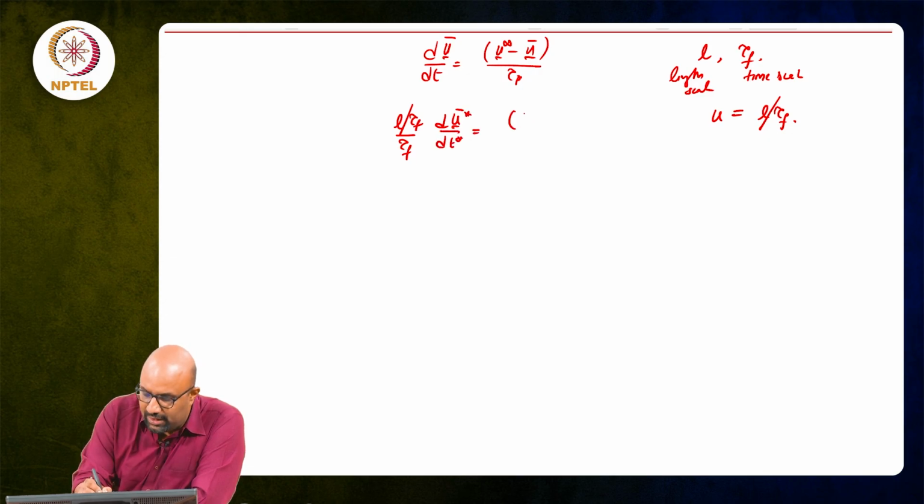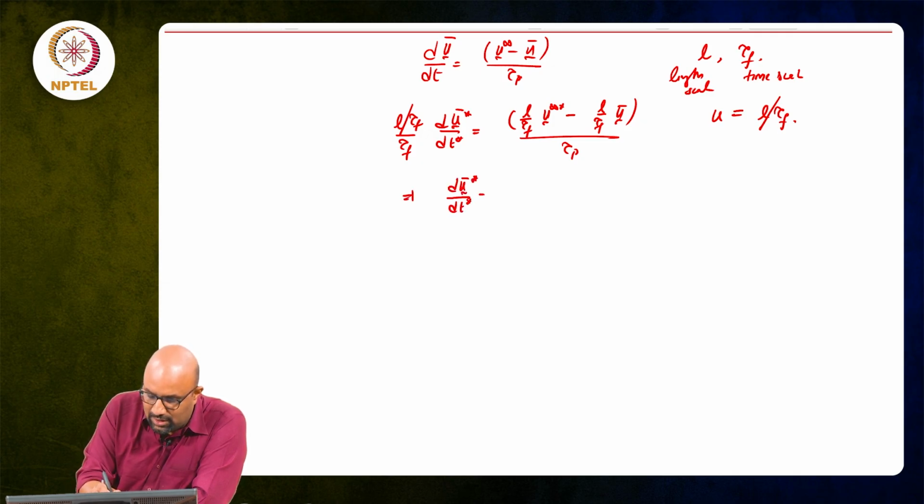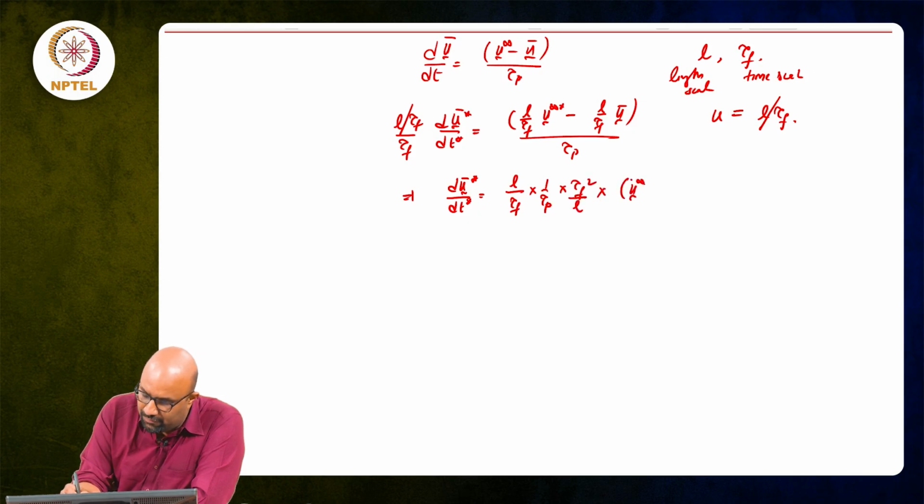Similarly, u infinity is L by tau f times u infinity star, minus L by tau f times u by tau p. If I write down the non-dimensional version of my force balance, I have L by tau f into 1 by tau p into tau f squared by L into u infinity star minus u.